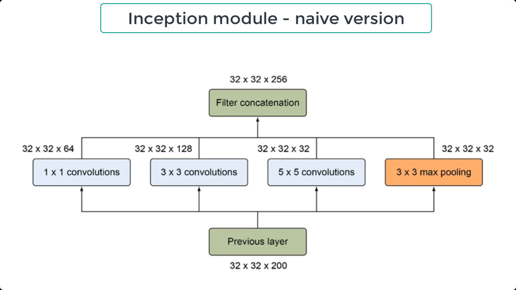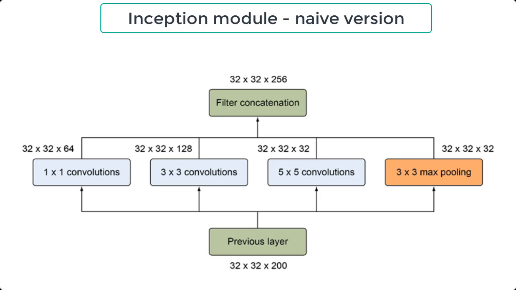The third one is 5 by 5 convolution with a depth of 32 and same padding. The output of this kernel is 32 by 32 by 32. Now the pooling layer, the 3 by 3 max pooling layer with the same padding and stride of 1, the output is 32 by 32 by 32.